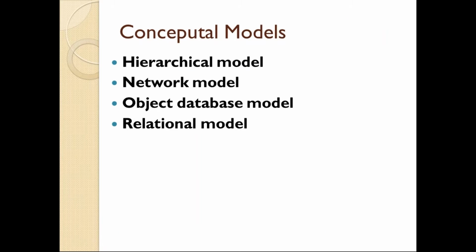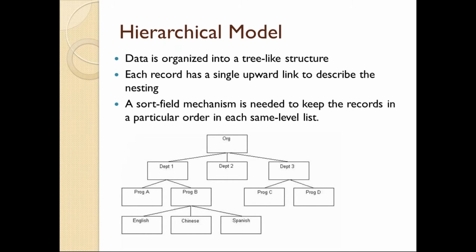For database models, I would like to also mention that there are conceptual models that people use to capture the structure. For example, this is a hierarchical model. What you see here are just graphical representations of these conceptual models: organization, department, program, and the language. So this is a top-down level to classify the structure of the organization.